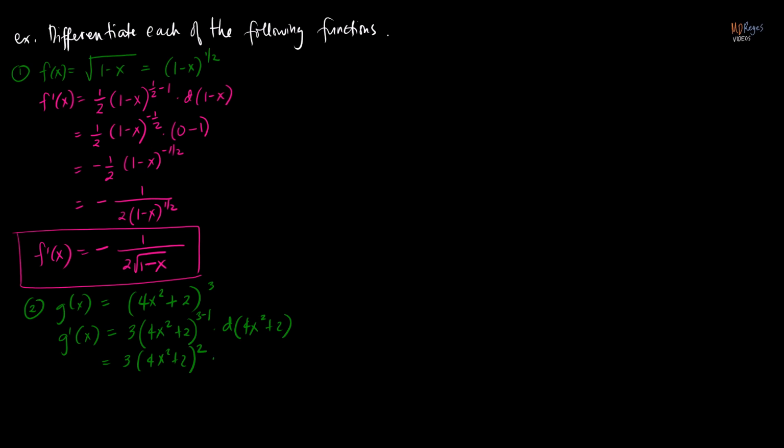The derivative of 4x squared using power rule, but we have to set aside the constant 4, right? Setting aside the constant and using power rule to differentiate x squared, we'll have 8 as the constant by multiplying the base, the exponent and the constant 4. So we'll get 8x, since x raised to 2 minus 1 is 1, plus the derivative of the constant 2, which is 0. So what we have is 3 times 8x, and that is 24x, times 4x squared plus 2 squared.